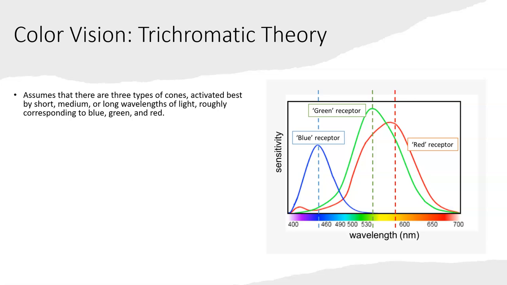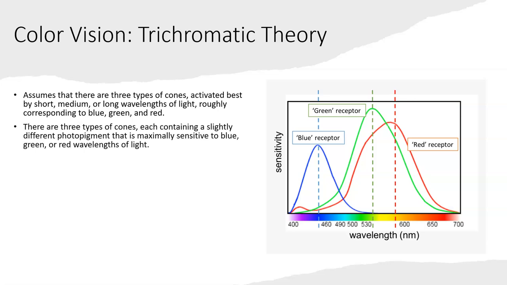The trichromatic theory explains the most common type of color blindness, in which red and green can't be separated. We'll come back to this in a second as we continue to lay out this theory. The 3 types of cones have slightly different photopigment, and based on their particular photopigment, they're sensitive to blue, green, and red wavelengths.